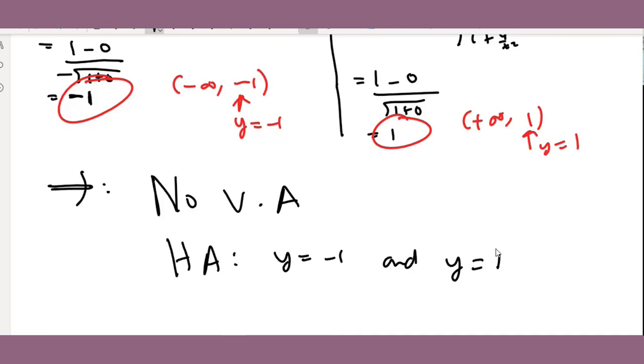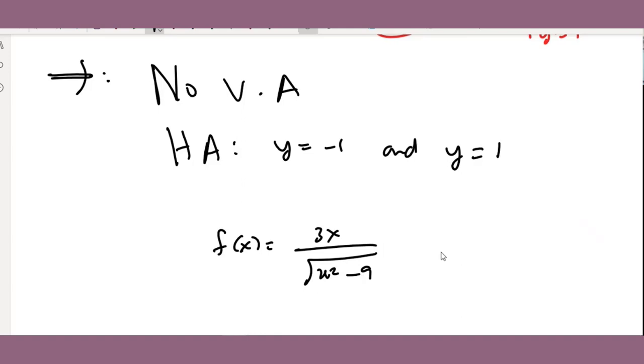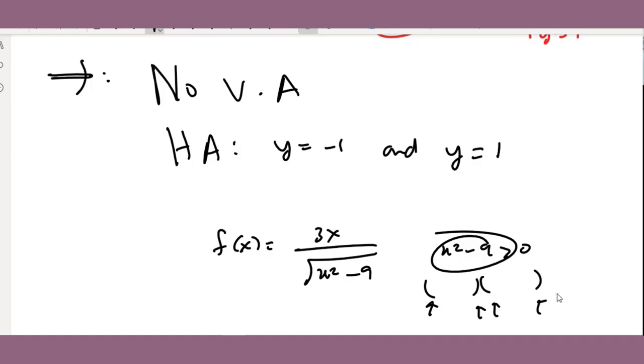But let's say the function is 3x over x squared minus 9. Then x squared minus 9 can be factorized, right? So follow the domain from the given bracket.